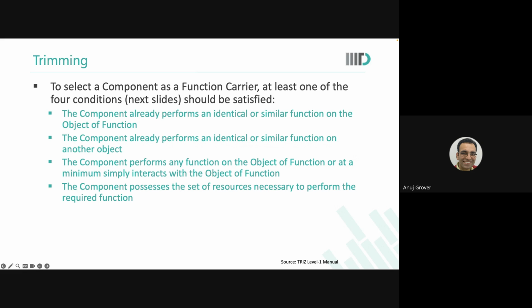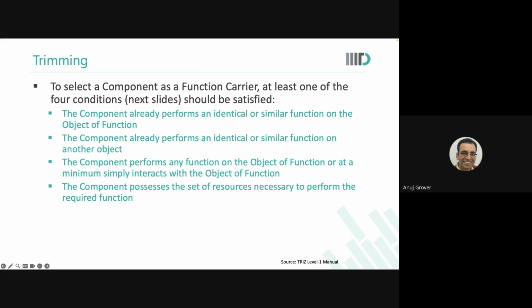Those resources exist. It has the capacity, it has the capability. Then you assign the function to that component as a carrier. Is this clear? Is this okay? The four ways of selecting the alternate component which would perform the useful functions.